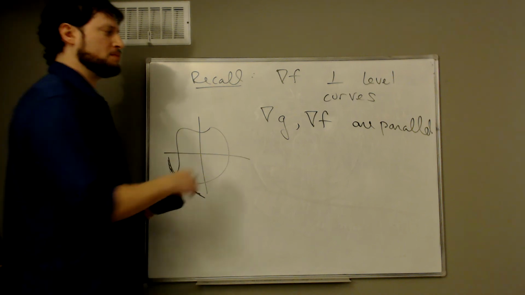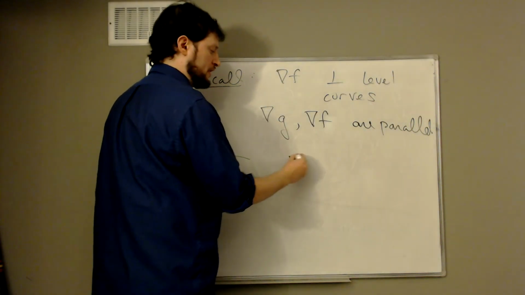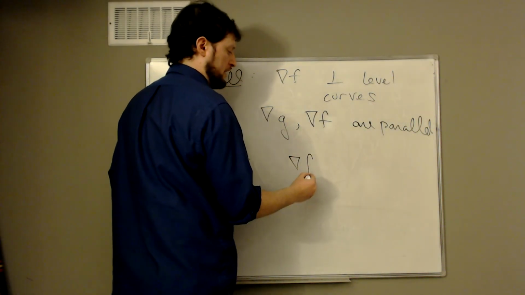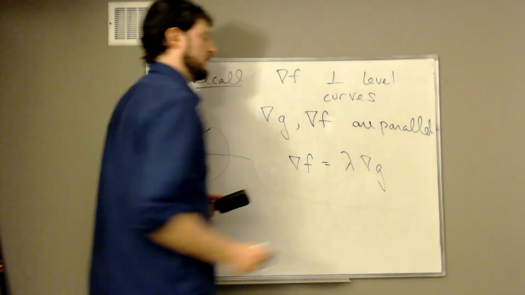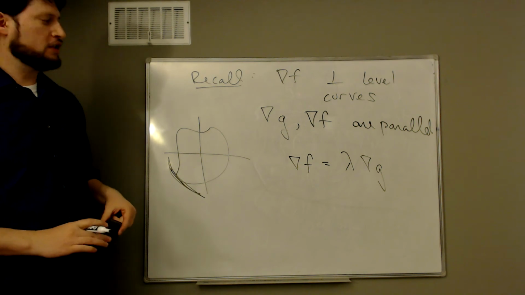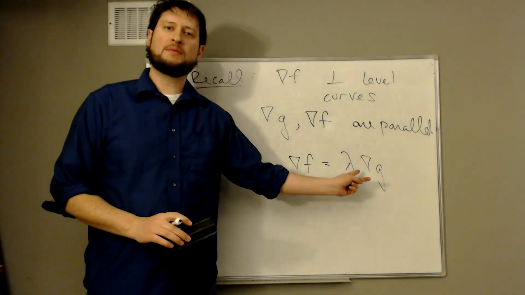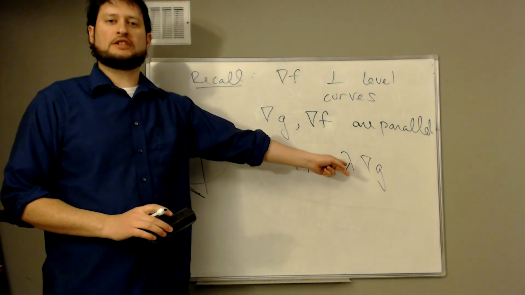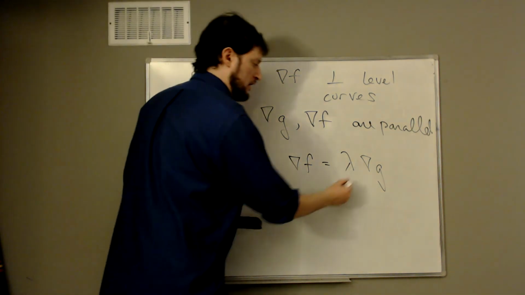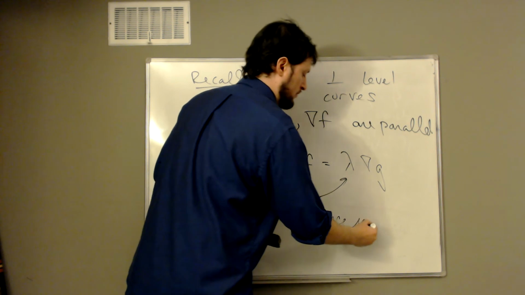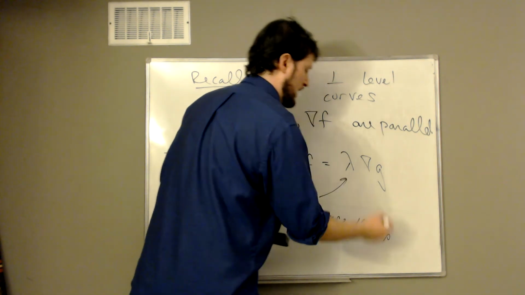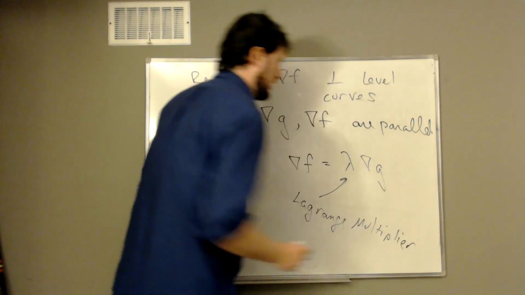What it means for vectors to be parallel is that grad f is some multiple of grad g. This is the Greek letter lambda, and we use it as our multiplier. We call it our Lagrange multiplier, lambda for L for Lagrange.